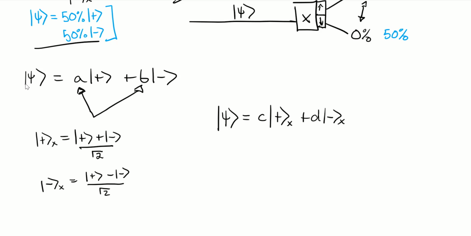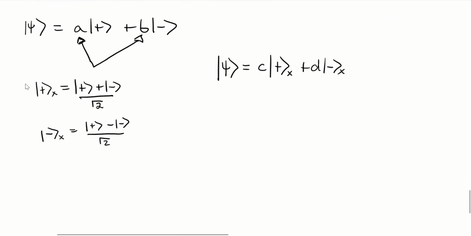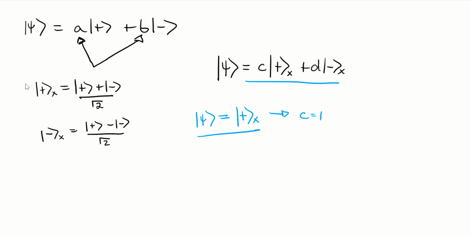So any vector in our Hilbert space could equivalently be described as this, which means if I'm describing, say, the state that we were just looking at, if I describe the spin up in the x direction, so let's say I have my generalized state and I've prepared it into a spin up in the x direction state. Clearly, if I write it in this basis, that would mean that my c is equal to 1, and this isn't a superposition in that basis.